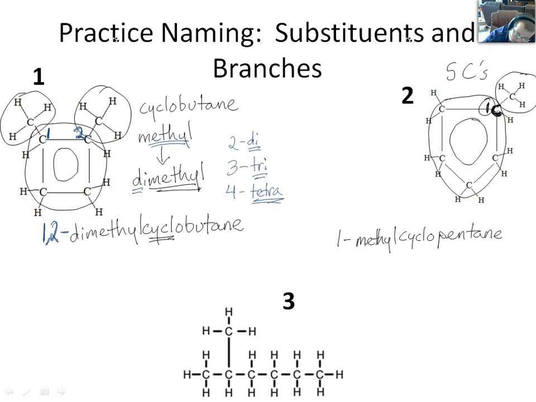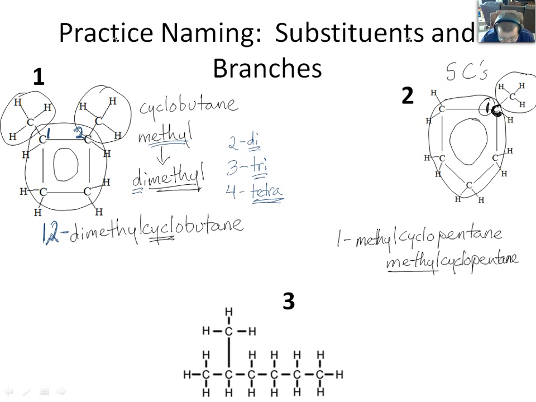So I would say 1-methylcyclopentane, or better yet, if we just wrote methylcyclopentane, it's just understood that that methyl group is coming off of the 1 position. This is really the only time you can leave off position numbers. If you have a ring and your group is coming off of just 1 position and you only have 1 group.